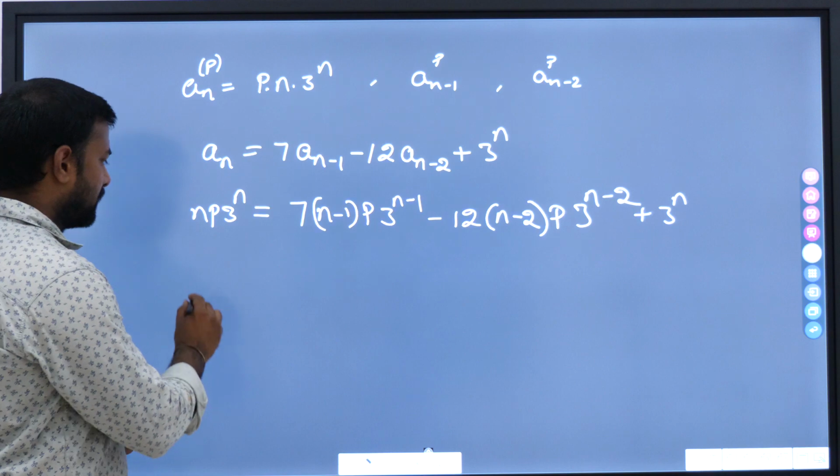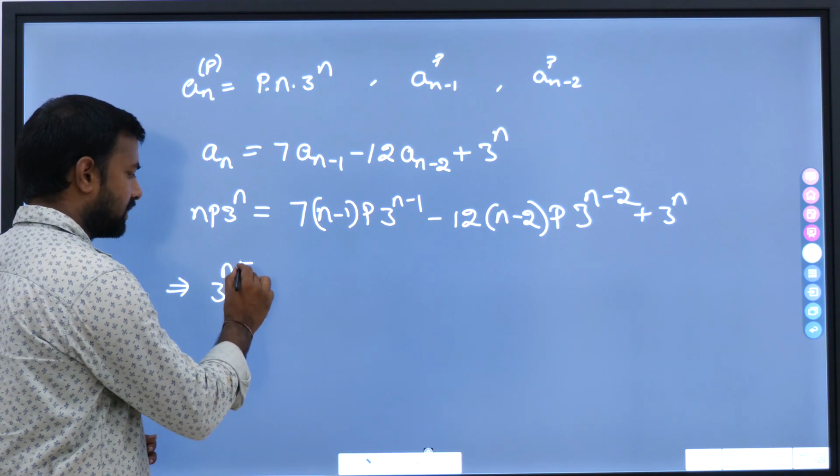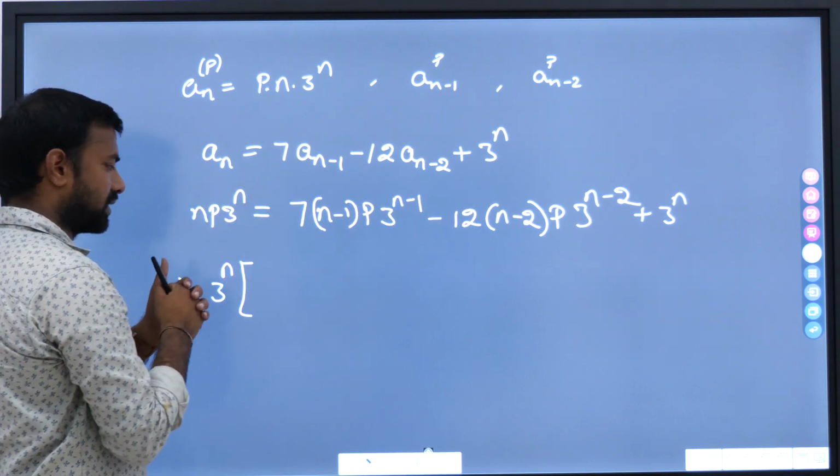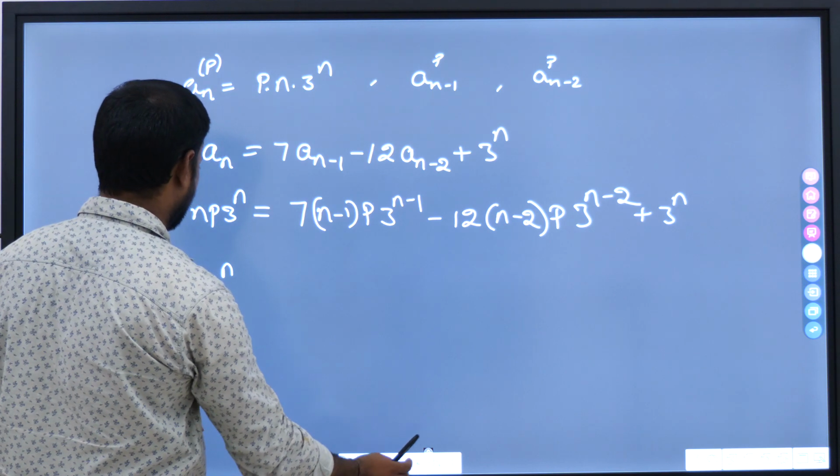Okay. Now like earlier, you can take 3 power n outside. You bring these terms to one side, right? Or okay, you keep it like that and you take common.